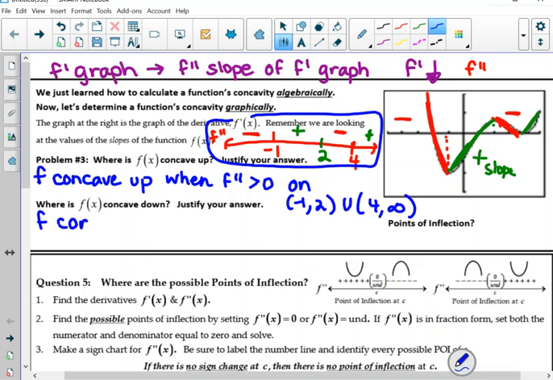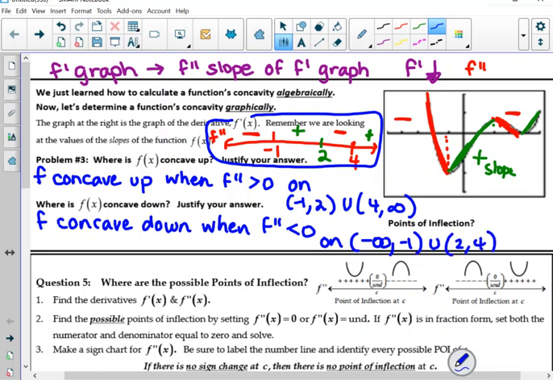F is concave down when F double prime is negative on the intervals from -infinity to -1, union 2 to 4.